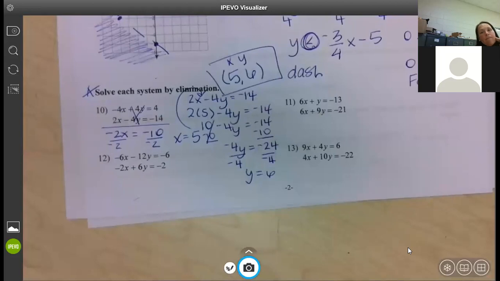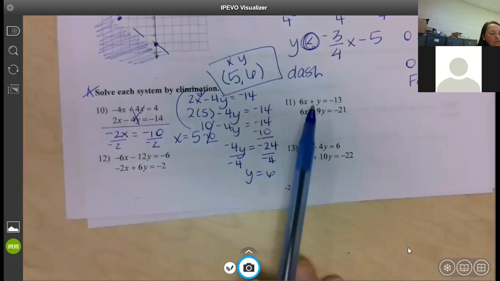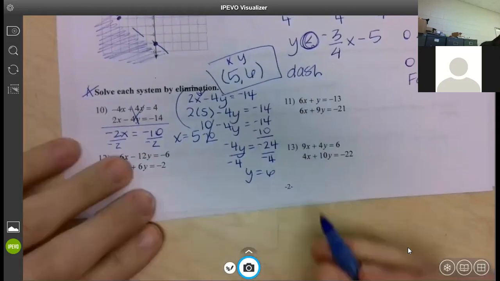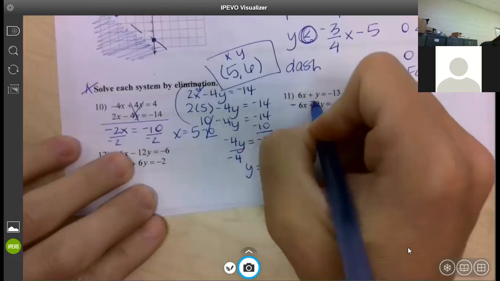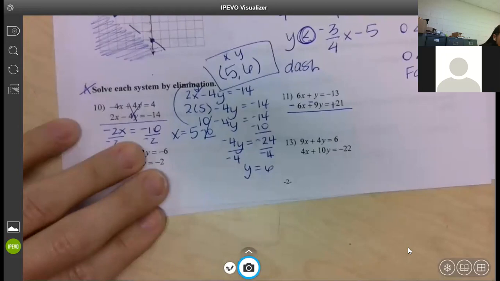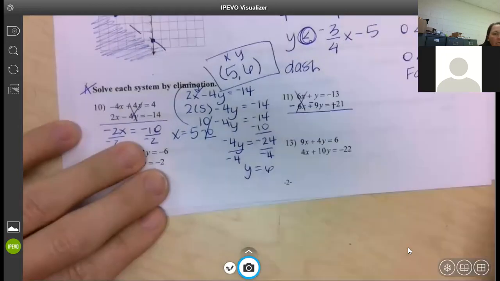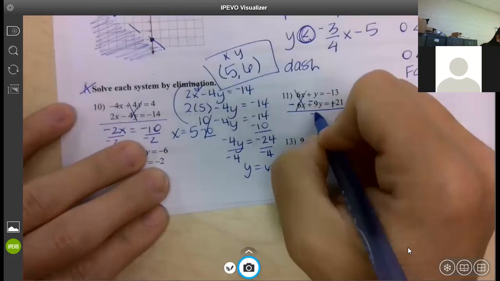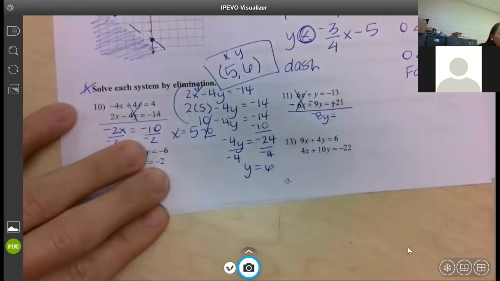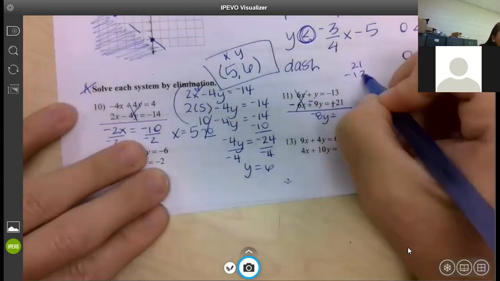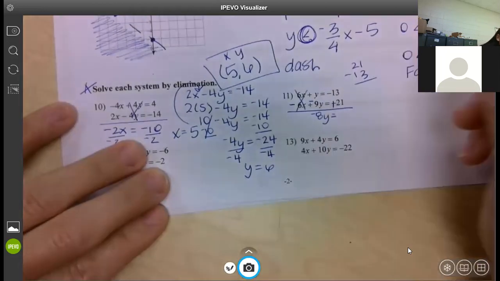All right. Then you get to number 11. We see 2 that are the same, but I need them positive and negative. So I make sure I change the bottom one to make it cancel out. You have to change all of them. Your 6's cancel out. 1 minus 9 is -8y. 21 minus 13, if you have to, write it down. 21 minus 13.